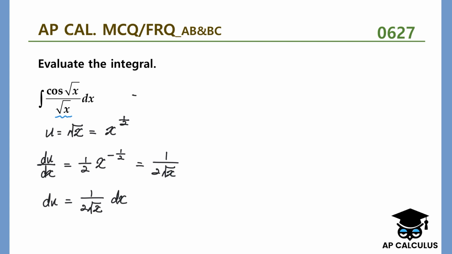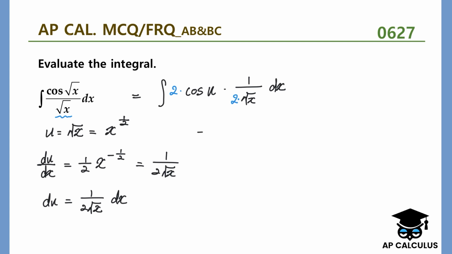Let's rewrite this indefinite integral. So integral, that's cosine square root of x, that's u, right? Times, we have 1 over square root of x dx, right? So we're going to multiply 2 here and multiply by 2 here, right?